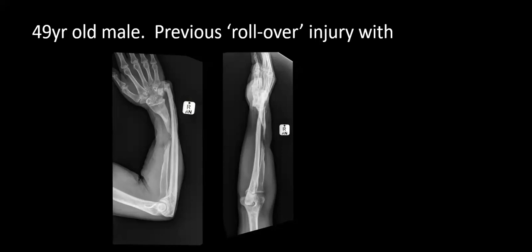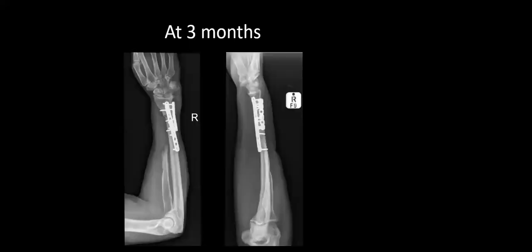So we treated him with a single bone forearm, basically resecting the distal ulna, transferring the radius onto the ulna, and plating. It's not as easy as it looks, because you obviously need to work through the plane between all the volar and the dorsal structures. And there's the patient at 3 months, well on its way to union.